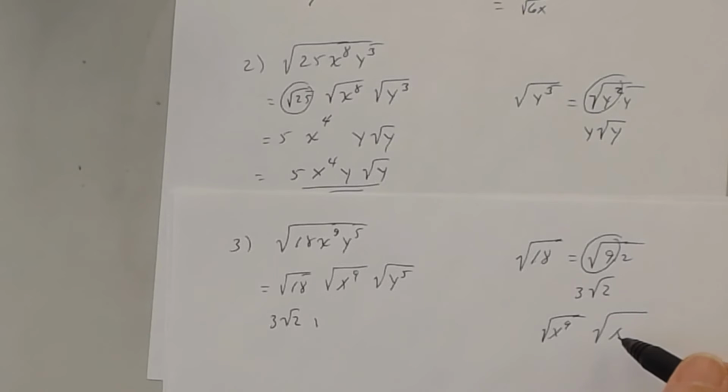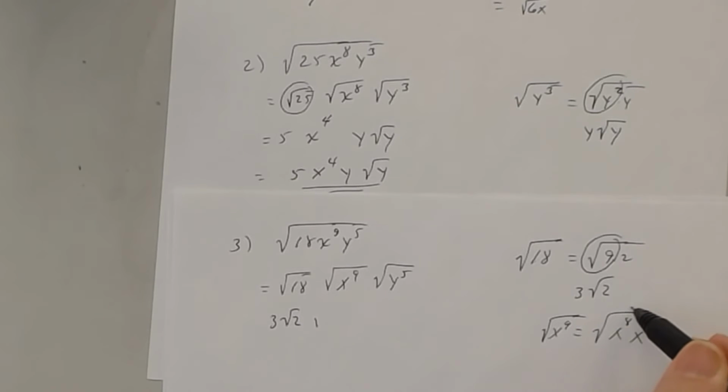You can use that, but then you have to go a little bit further. Always use the largest whole number that's less than 9 that's divisible by 2. 8. So x to the 8th times x. If you would have used x to the 4th times x to the 5th, you would have had to simplify x to the 5th even further. So you're doing a little bit more work.